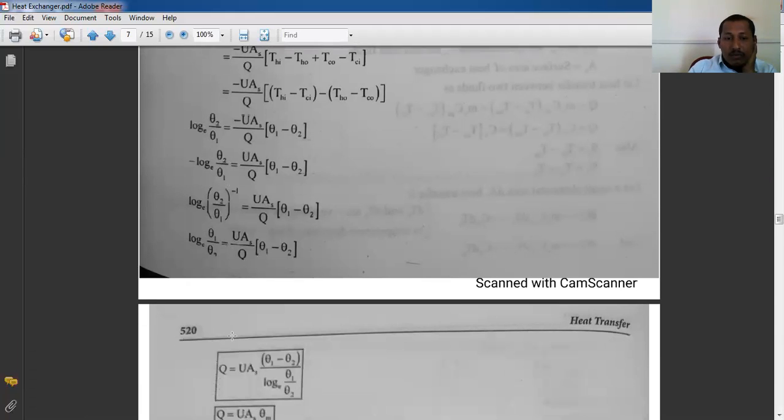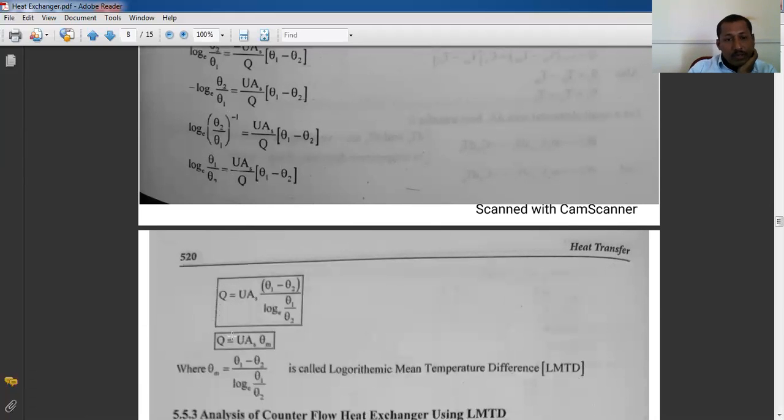Now write the equation for the Q. Q is equal to U As into theta 1 minus theta 2 divided by log base e theta 1 divided by theta 2. So this expression, theta 1 minus theta 2 divided by log base e theta 1 by theta 2, we are writing as theta m, that is the mean temperature difference.